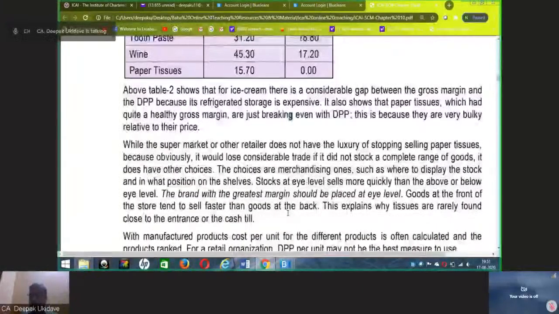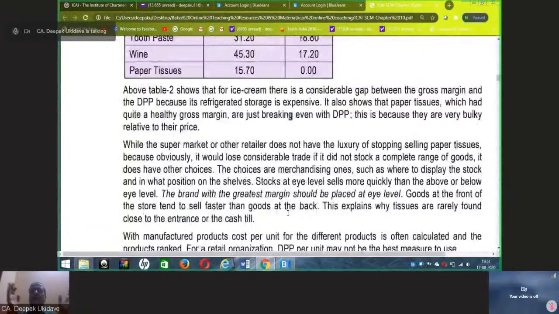We had looked at the quantitative approach in detail. We'll take a case study on DPP, direct product profitability analysis, after the break. So we take a short break of 10 minutes, and after this break we will continue with the second section of our profitability analysis, and that is using ABC, activity-based costing, which consists of two parts.